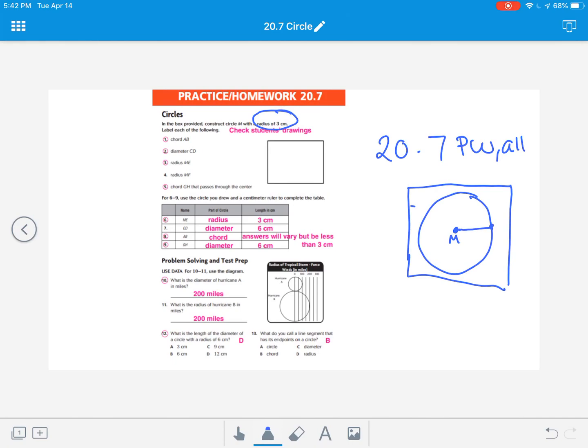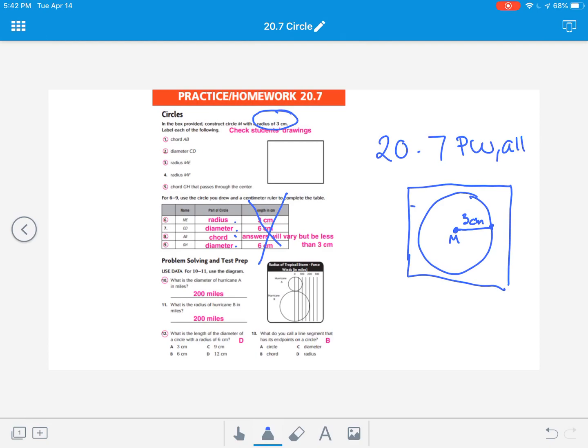Draw a line out to the side and label that 3 centimeters, even if you weren't able to measure it, okay? Same thing with numbers 6 through 9. If you don't have a ruler, you can't do this length in centimeters part, so you don't need to worry about that portion of it. Just label the parts of the circle.